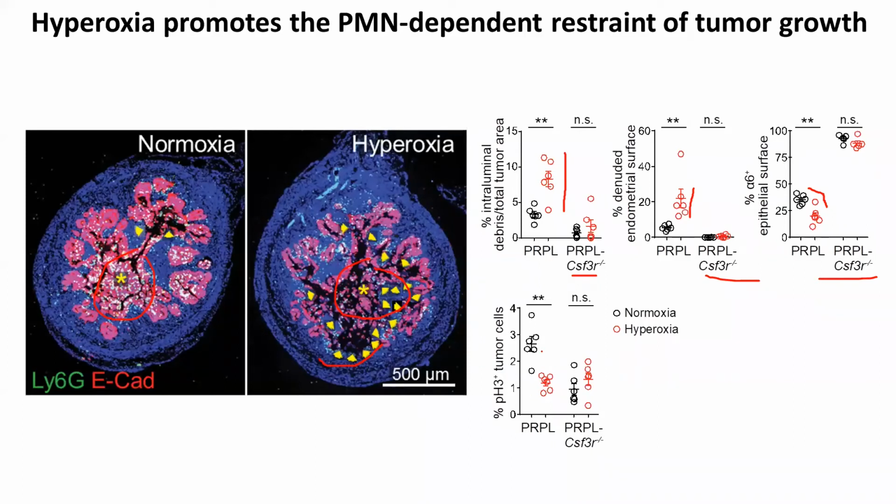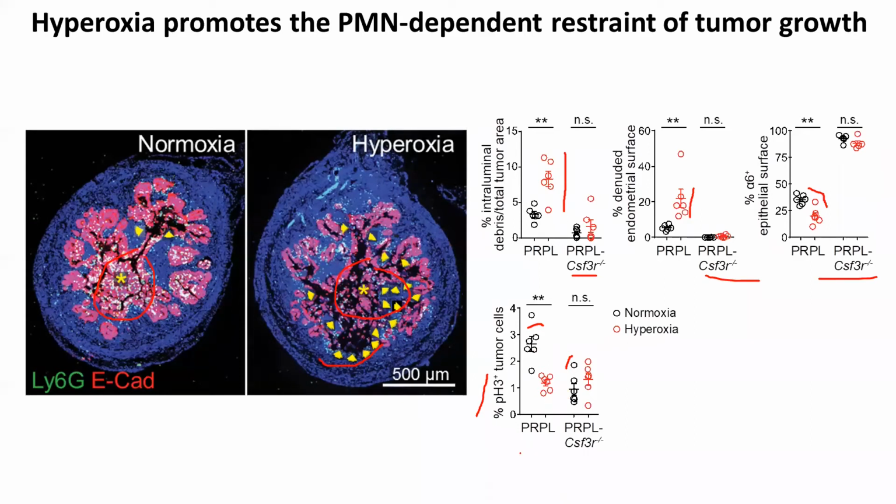Importantly, we found previously, if you look at the baseline, the black circle, that the tumor proliferation rate, which is revealed through the pH3 staining, was higher in purple mice compared to purple mice lacking neutrophils. We talked at the beginning about how this increased proliferation rate was due to a wound-healing response to tumor cell killing.